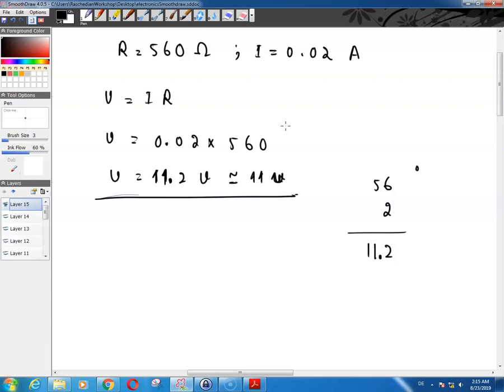If it needs a whole lot of precision, you don't throw away your precision. If you don't need that much precision, it doesn't really matter if it's 11.2 or 11.4 or even 11.5. Usually you will just call it 11 volts, and that's how you do that.